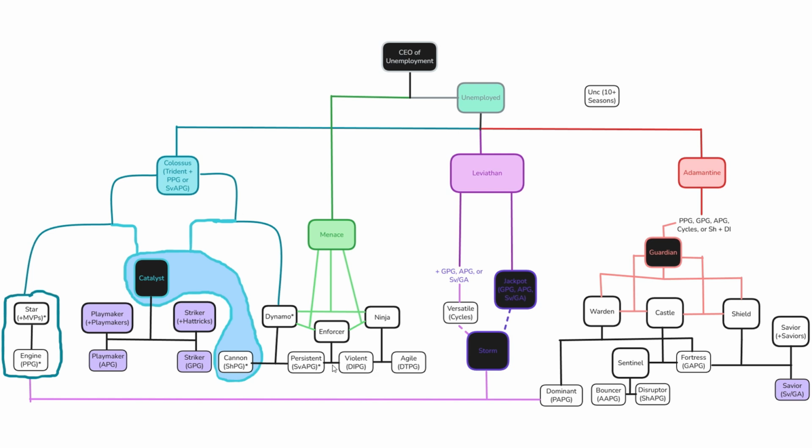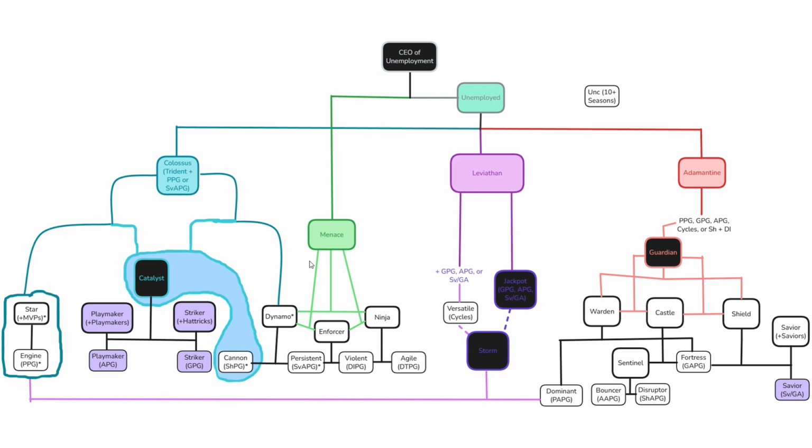You're enforcing the attack by demoing them and making them restart and be out of the play for a few seconds. And I've already talked about Dynamo over here. So any combination of these two, if you have Ninja and Enforcer, or Enforcer and Dynamo, or Dynamo and Ninja, if you just have two of them, boom, you automatically get the Menace trait.